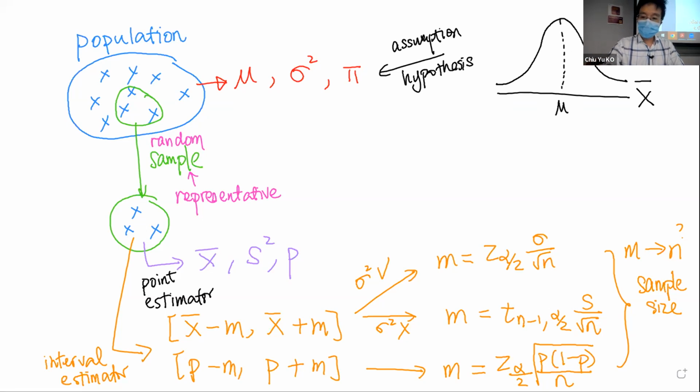Suppose this is our data that we found, and we can go left by M and go right by M. And if this interval doesn't include mu, in that case we would say the hypothesis is not supported by evidence. If yes, then the evidence is consistent. At least we can't reject it from the evidence we got.